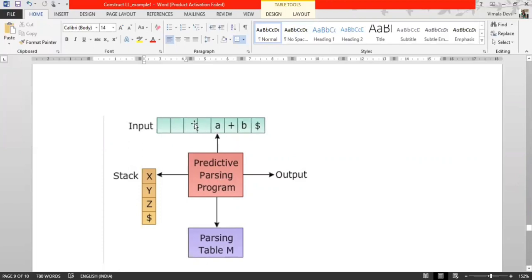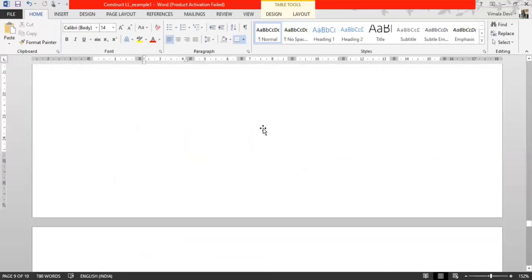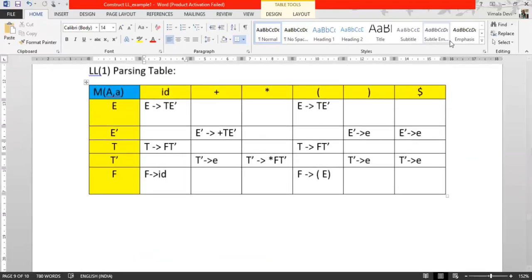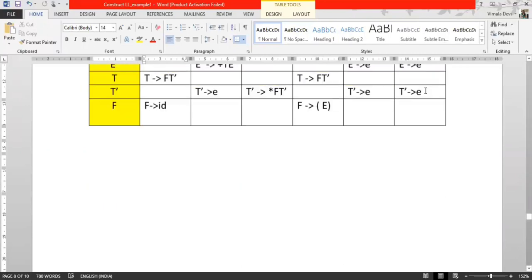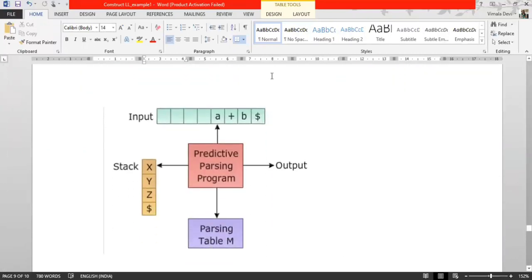Now the parser is reading the input string, starting from the first character till the end character. The end of the string is marked by $. That is why we have included this $ in the parsing table also. You can see that $ is included while filling the parsing table, which indicates the end of the string.